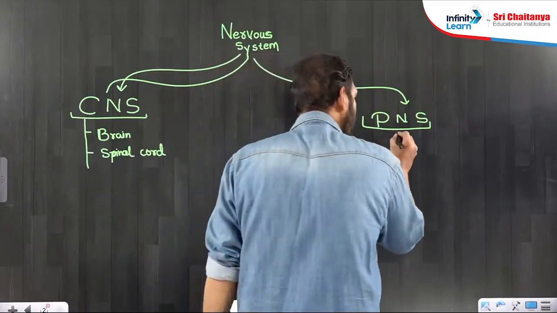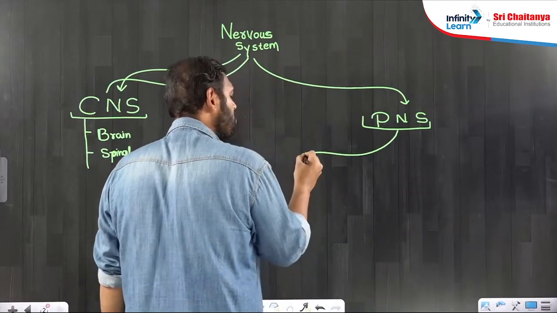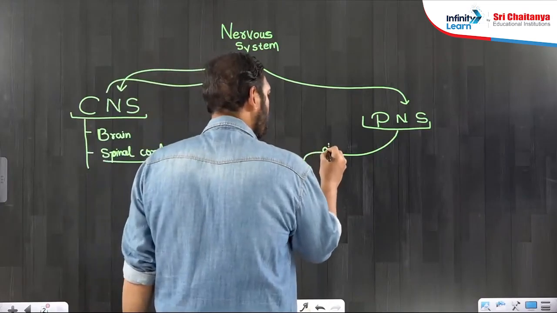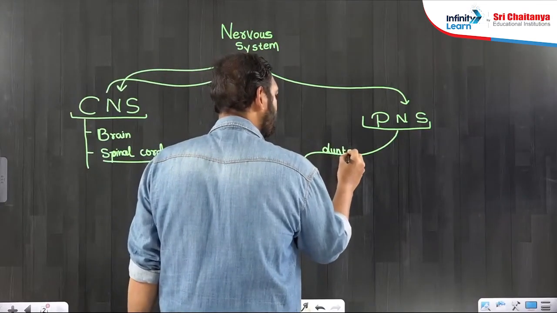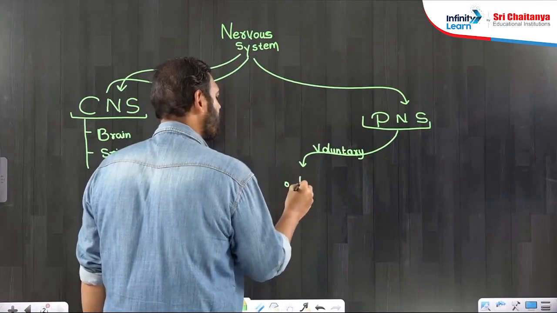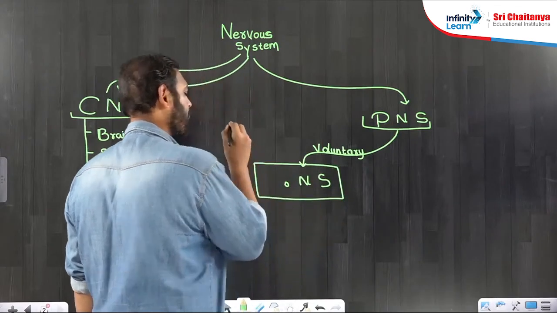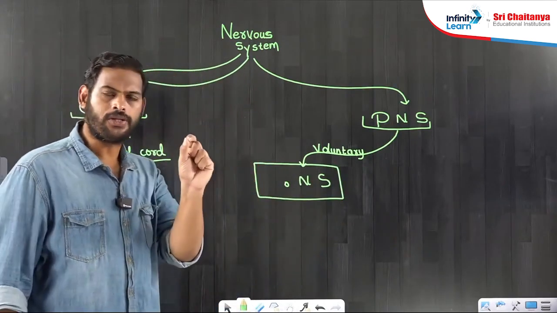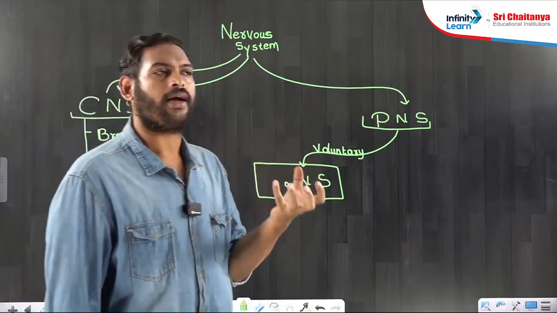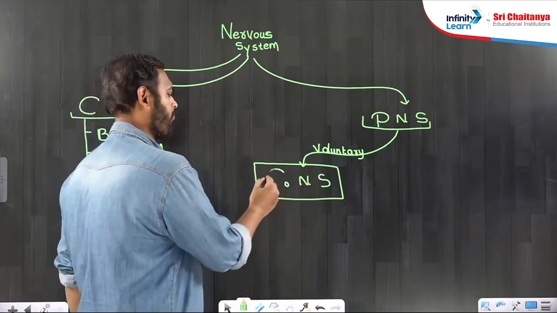Now, if they send and receive information from voluntary organs, the neurons associated with voluntary organs are referred to as the somatic nervous system. So those neurons and nerves which interact with voluntary organs, we refer to as the somatic nervous system.